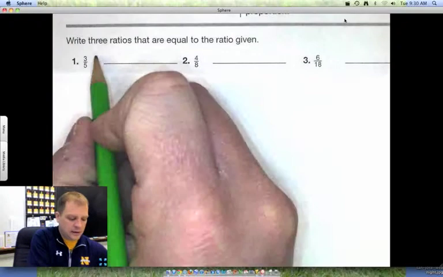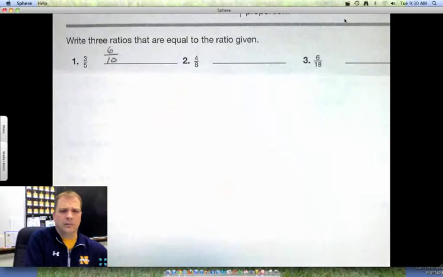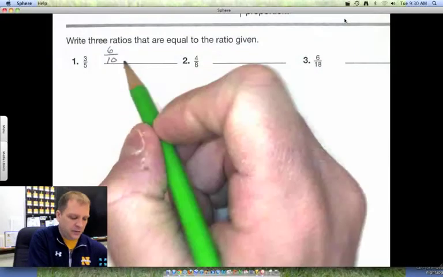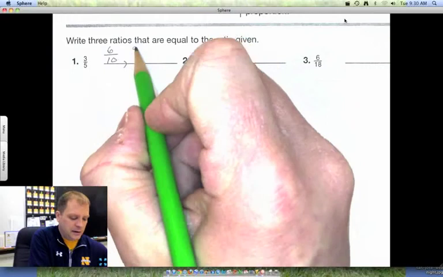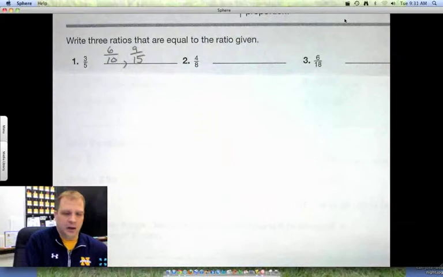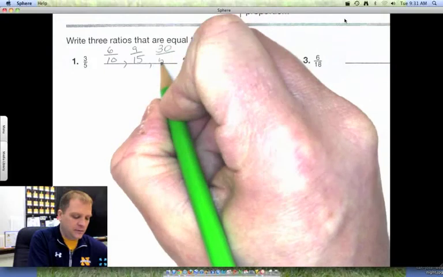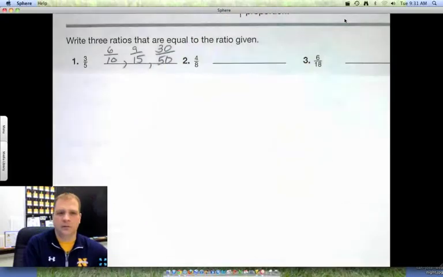If I multiply the 3 by 2, I get 6, and the 5 by 2 equals 10. Do the same thing, we can take 3, multiply it by 3, we have 9 and 15. And again, it does not matter what we multiply it by, as long as we multiply the same number to 3 and 5, the numerator and denominator, we will have an equal ratio or equivalent fraction. So if I even take it times 10, I have 30/50ths. It is a ratio that is equal to 3/5.